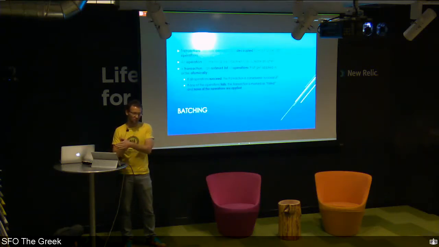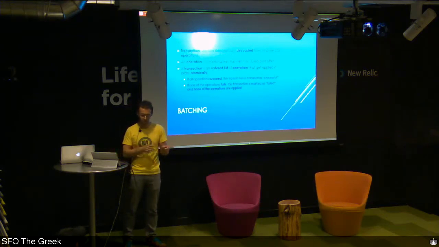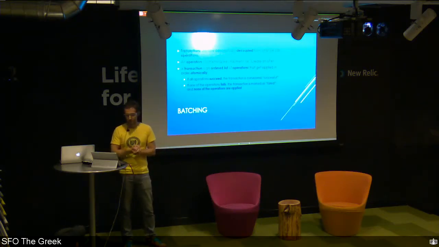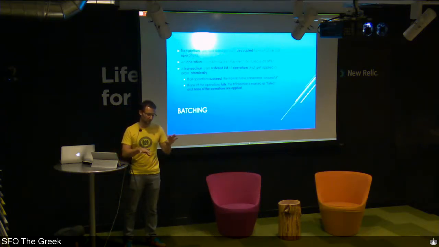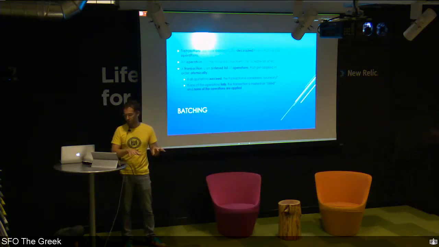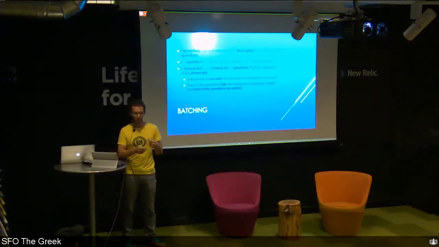Batching is actually a completely new concept that we have in Stellar compared to the previous one. What we did is we decoupled what we call transactions from operations. An operation is something you actually do on the ledger, like a payment or creating an offer in the order book.